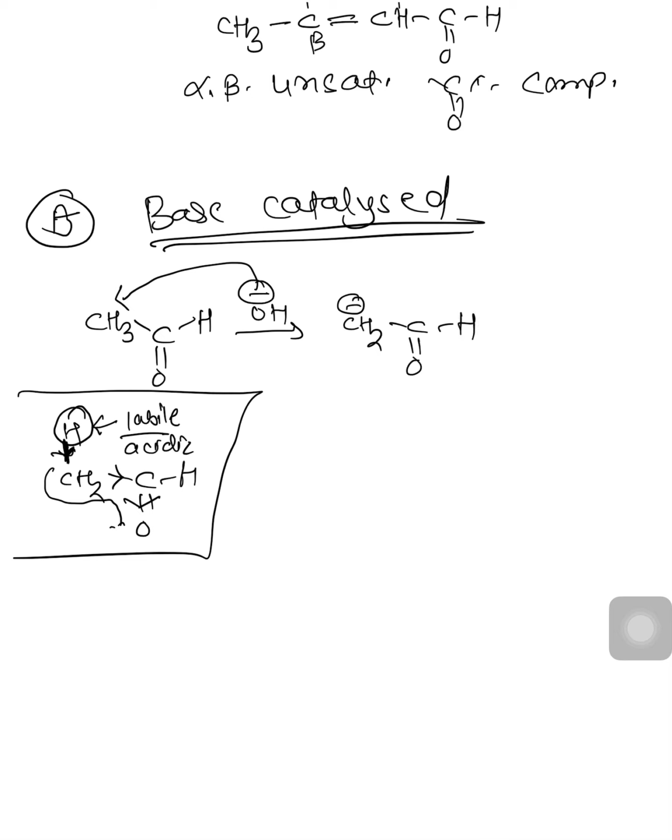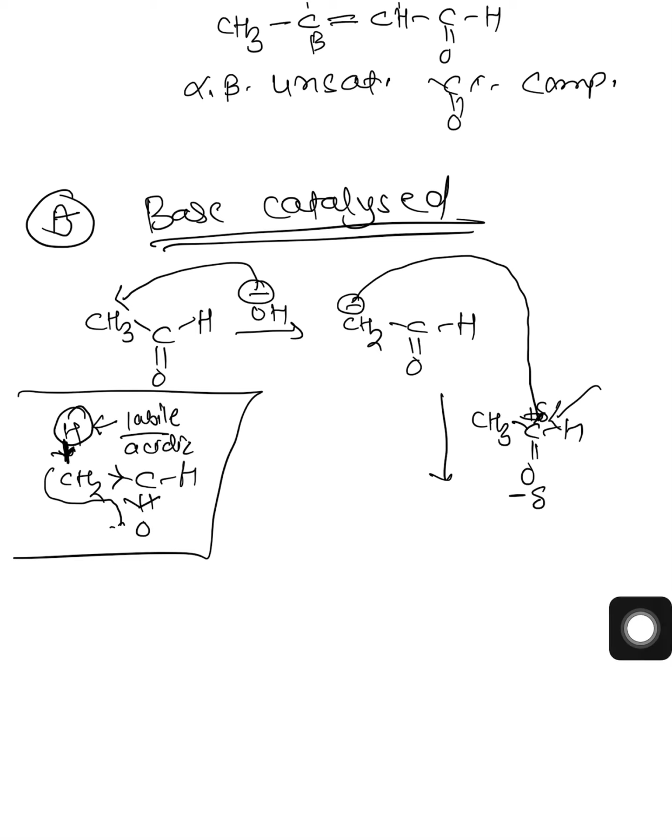Now this carbanion will again react with the second mole of our aldehyde. Now see, this oxygen is electronegative, carbon is partially positive. So there will be attack of the carbanion onto the carbonyl carbon, and hence the valency of this carbon atom will increase.